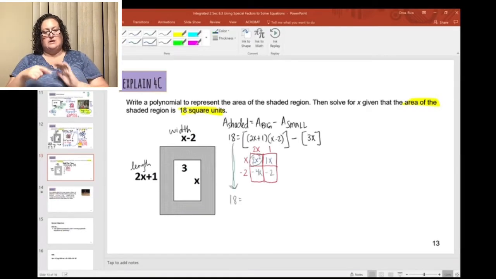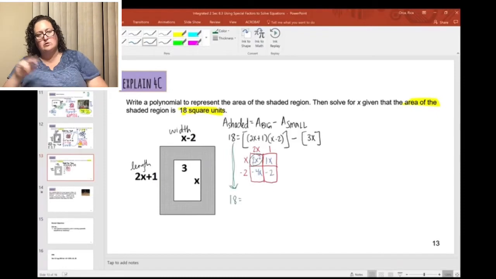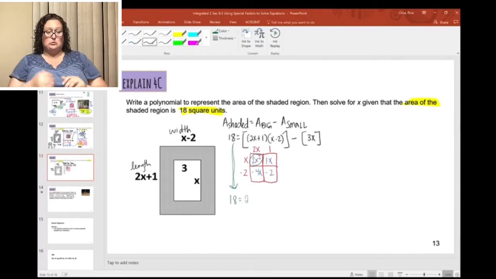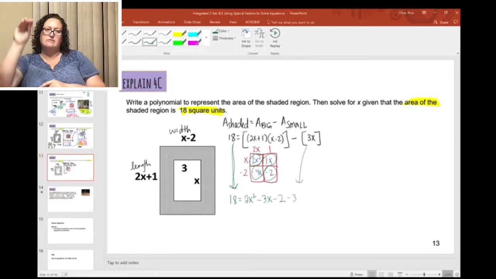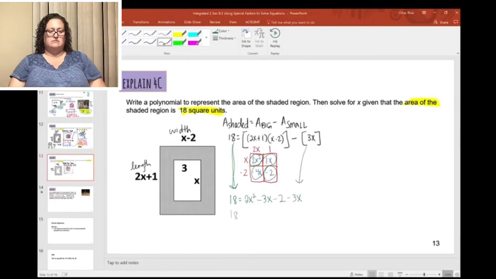Let's put everything together. We have 18 equals 2x squared. Negative 4x plus 1x is negative 3x minus 2. And then we have the other 3x. Let's simplify. That's 18 is equal to 2x squared.